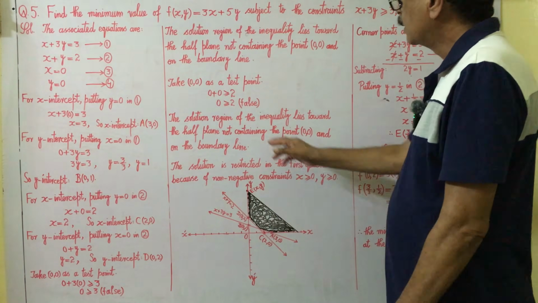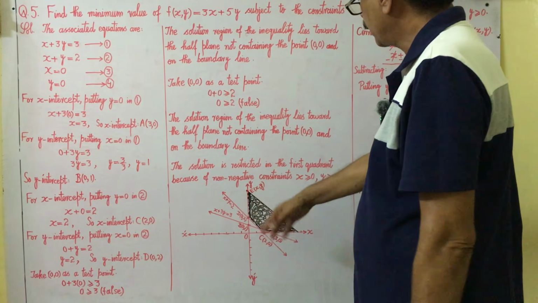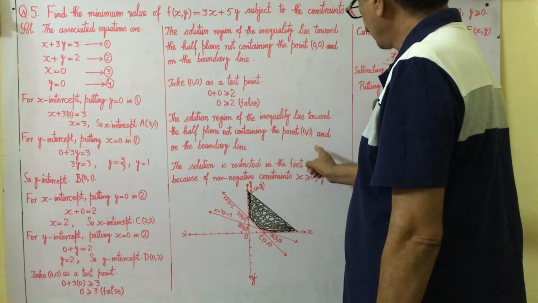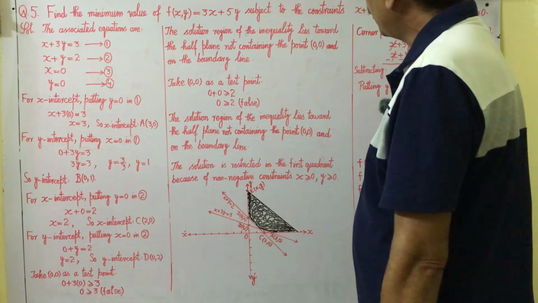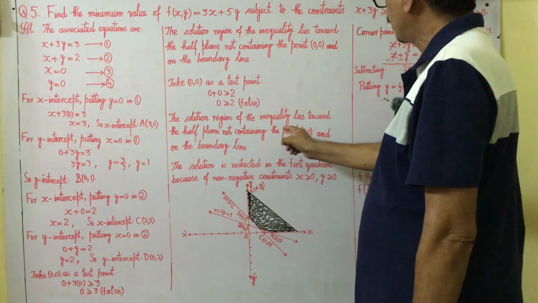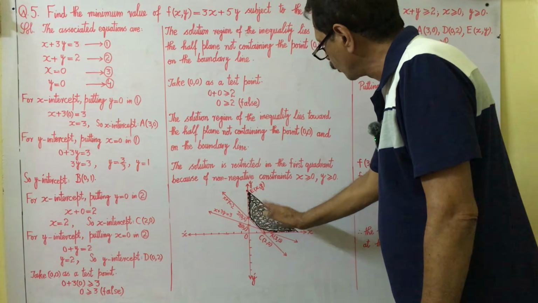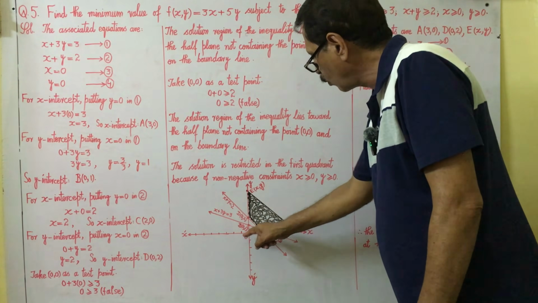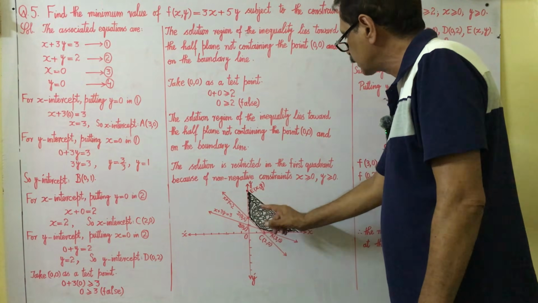Because the solution is restricted in the first quadrant and lies towards the half plane not containing (0, 0), it will go away from the origin.